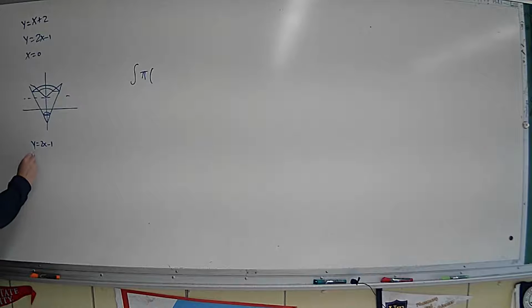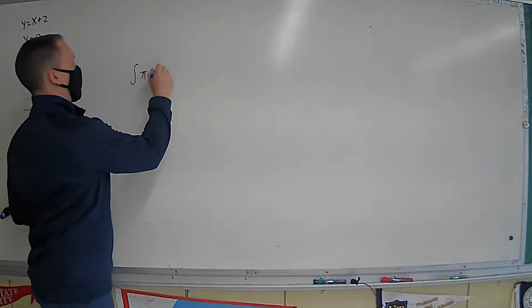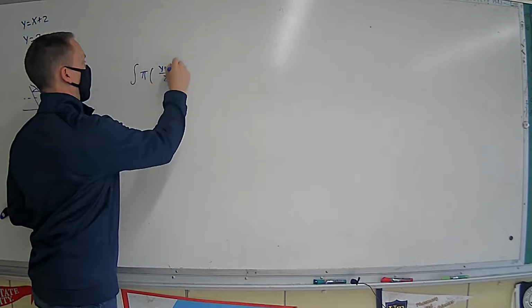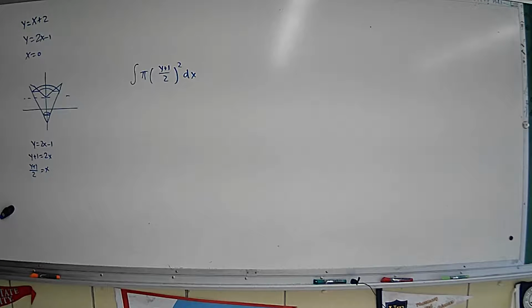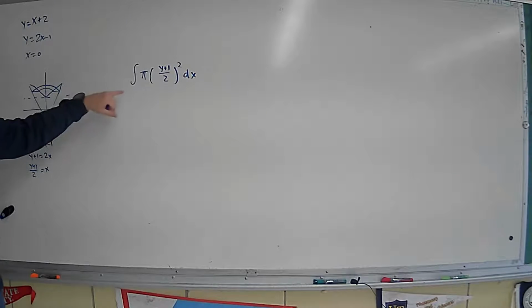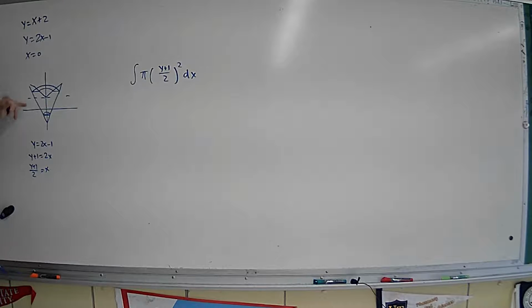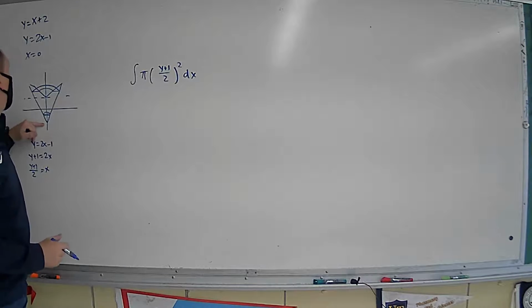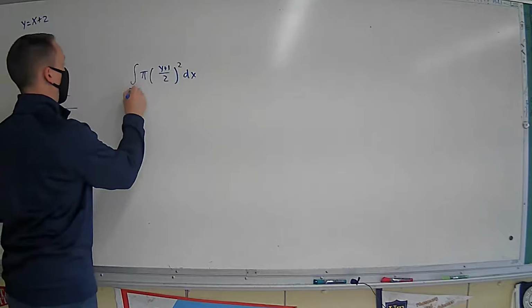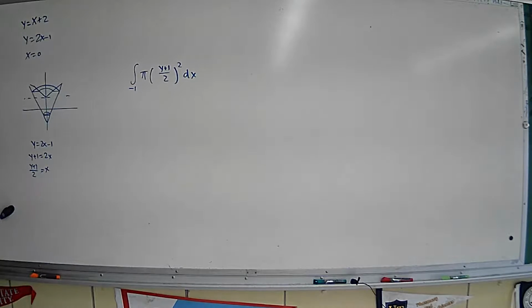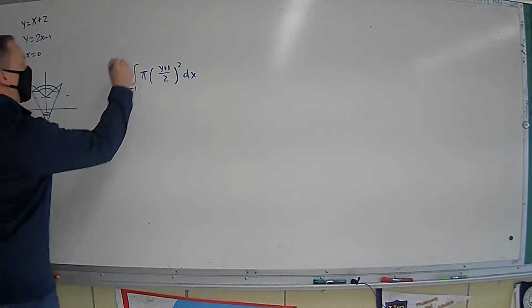So y plus 1 equals 2x, so x equals (y plus 1) over 2. So that's what I had, but I only added that up from 0 up to that point right there. What I should have done is gone all the way down here to negative 1, up to 2.